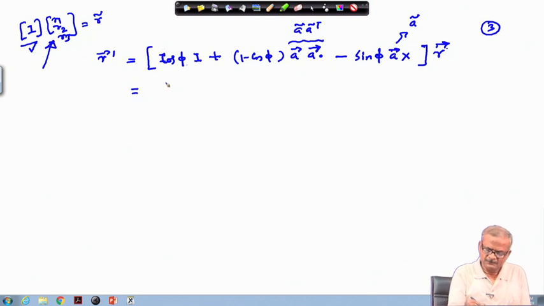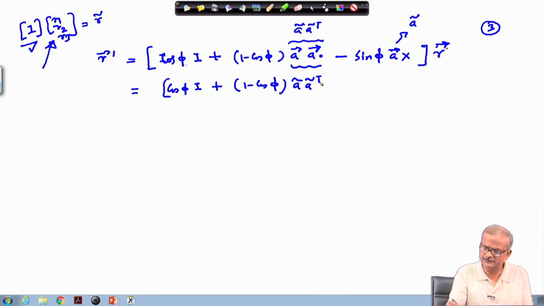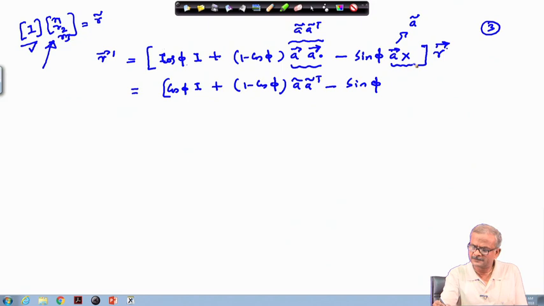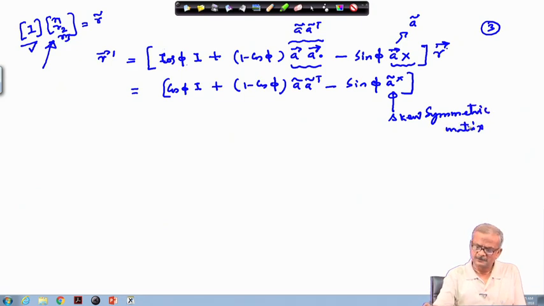So, we have cos phi I plus 1 minus cos phi times this quantity, which is equal to a tilde transpose, minus sin phi a tilde cross, which is a skew symmetric matrix. And this is operating on here r.